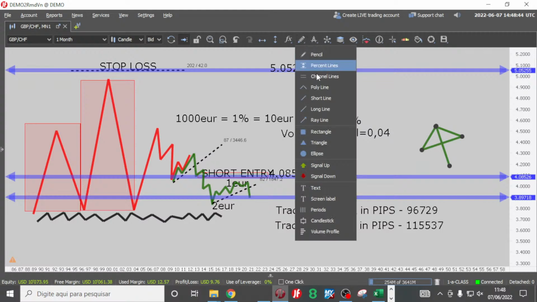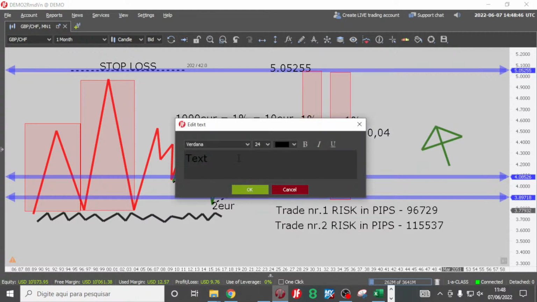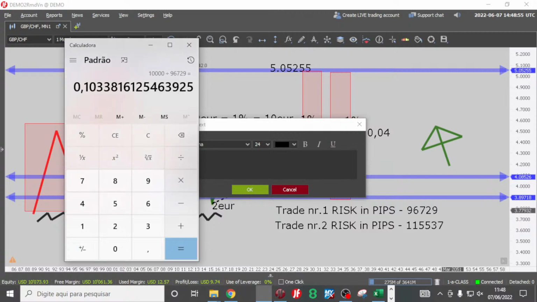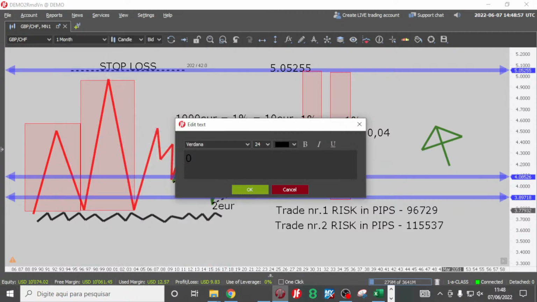So volume on a 10,000 stop loss, where 10,000 is 1%, gives you 0.103, 0.10, right?